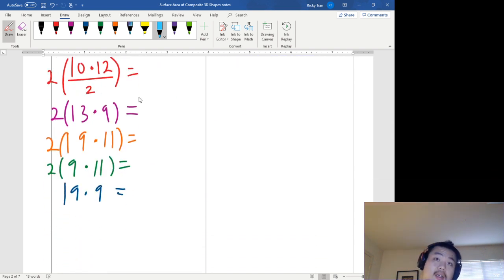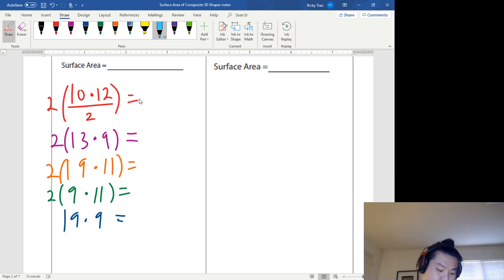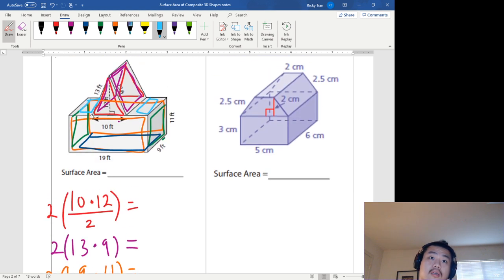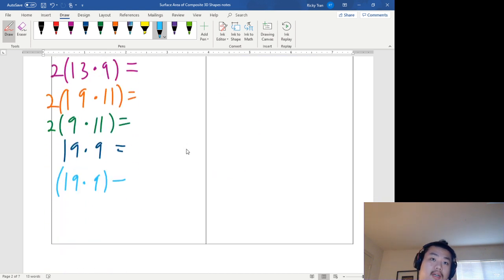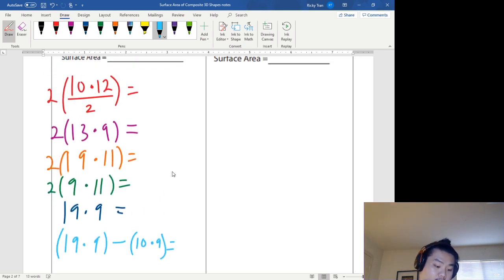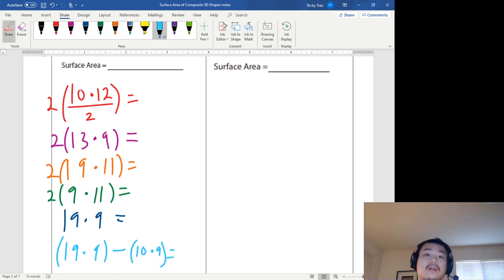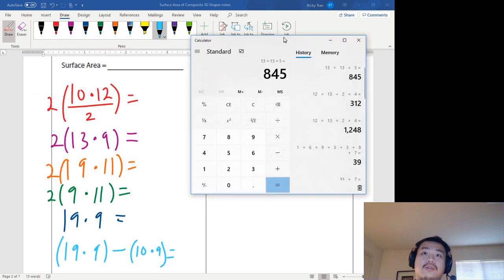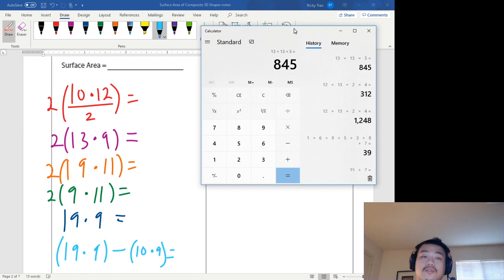So in order to find that, we need to do 19 times 9 minus 10 times 9. Okay, and then after that, we're going to add them all together, and that will be your total surface area. Okay, so 10 times 12, which is 120.